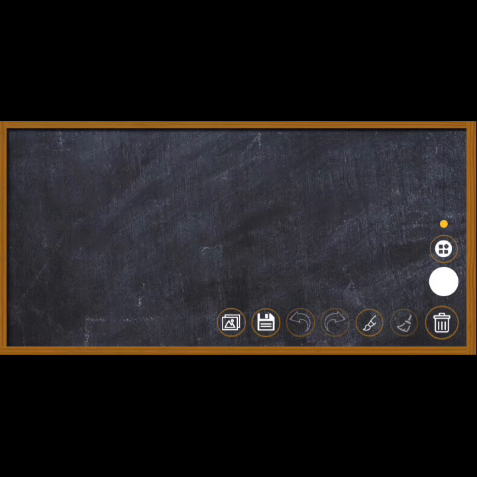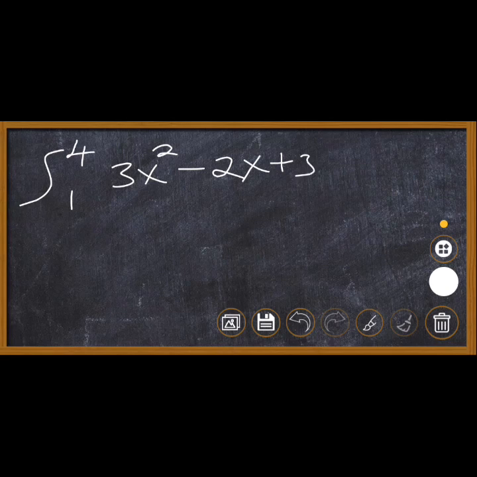Let's say you have been given 4 as the upper limit and 1 as the lower limit of the function 3x squared minus 2x plus 3, with respect to x. You can be given such a function, and you have been asked to integrate this or to find the value of this. How can we go about this one?